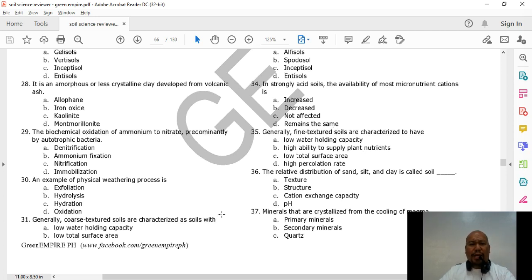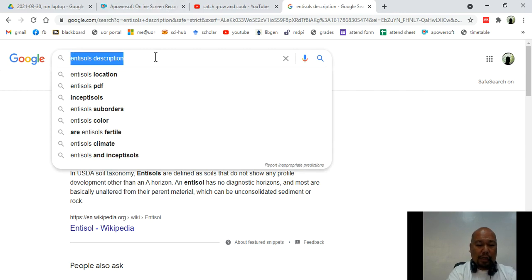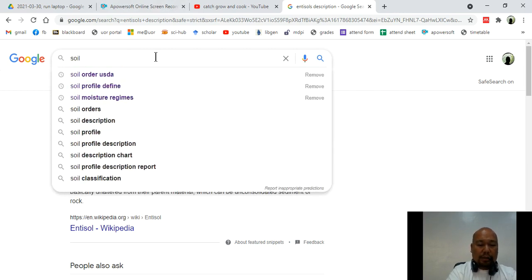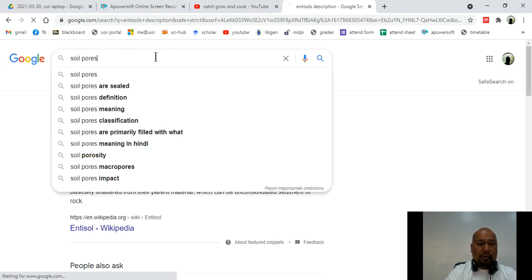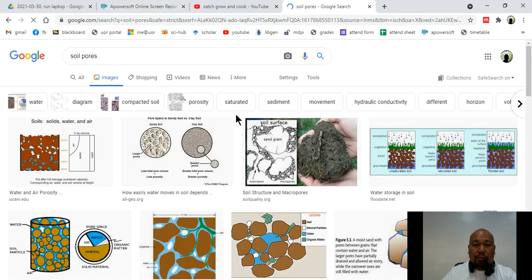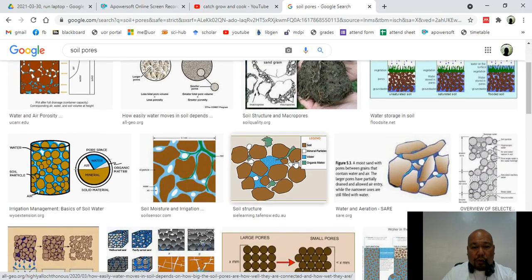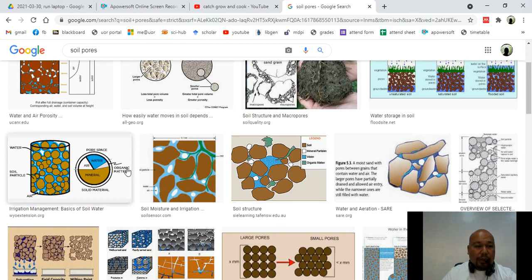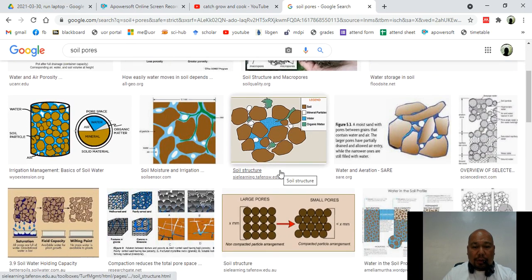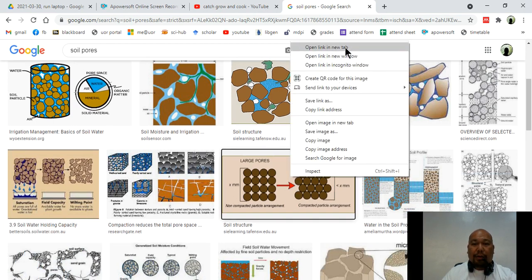Another thing is, let me see if I can find a picture of soil pores. Okay, here are the soil pores: macropores or micropores, mineral pores. Yeah, this one, I think this is better.